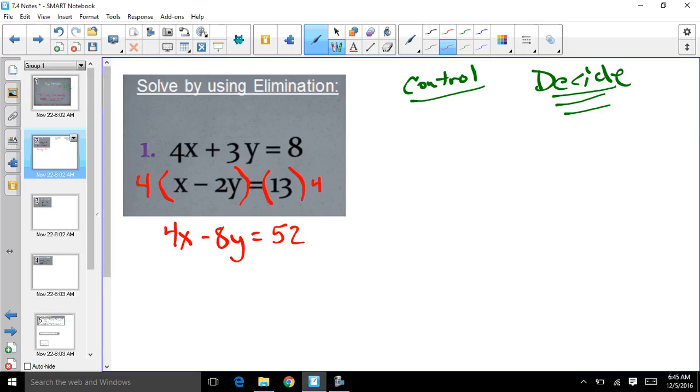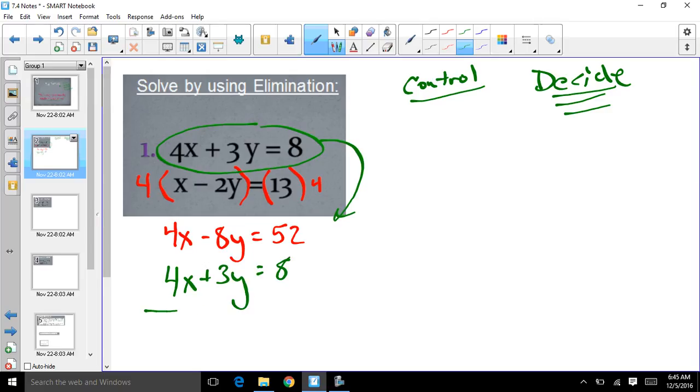Now, when I take my other equation and stack it down at the bottom, I get 4x plus 3y equals 8. Now, do you see what we've done? We've got two equations that have the same x term. That's really nice. So I'm going to subtract these two.